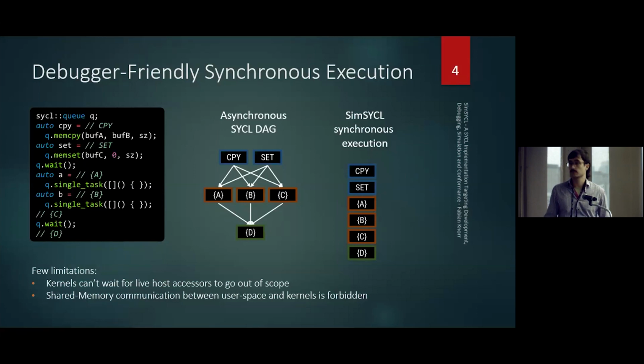So that's what we do. We simply execute all the SYCL operations top to bottom, which makes it easy to step into and gives a consistent execution schedule. And it turns out this works almost always.